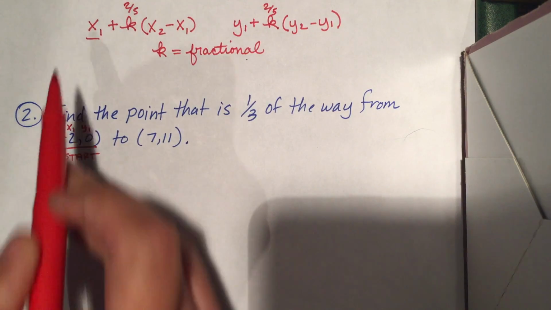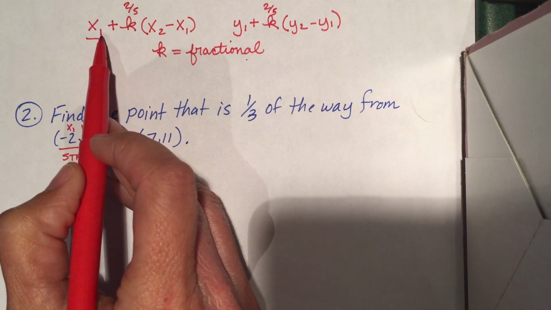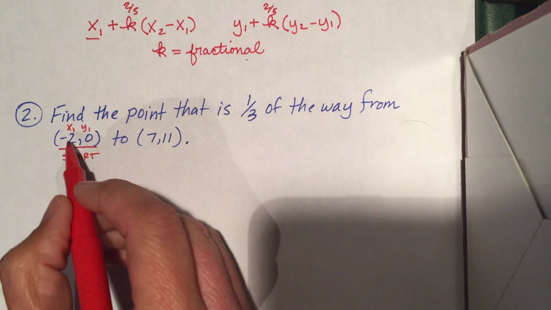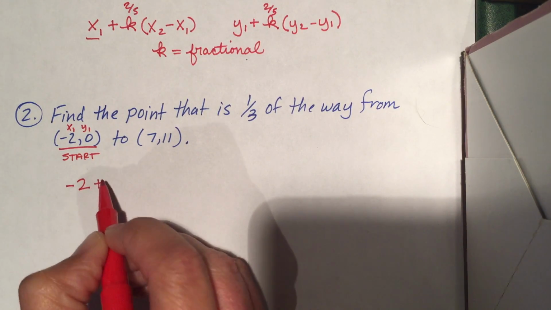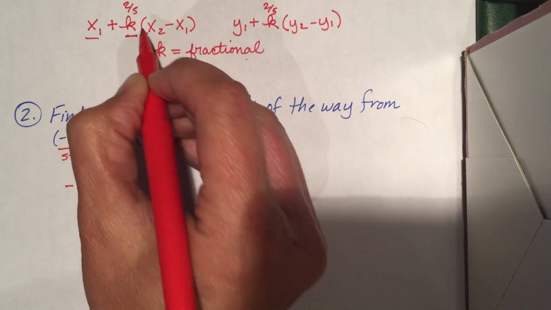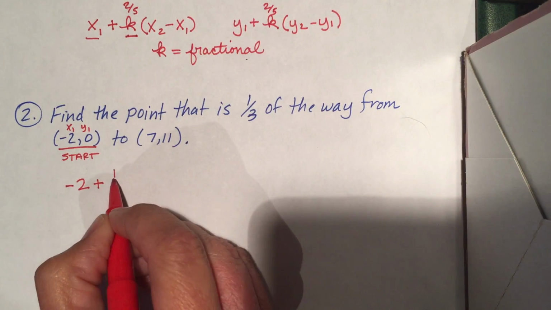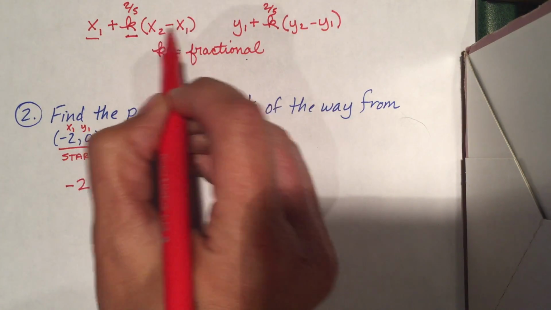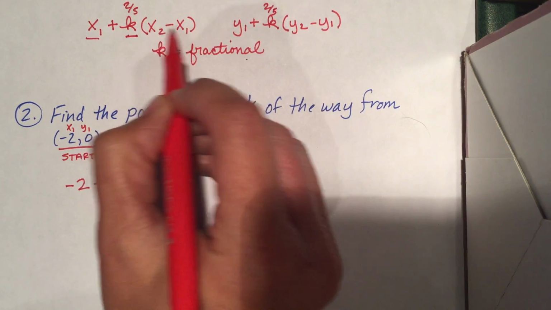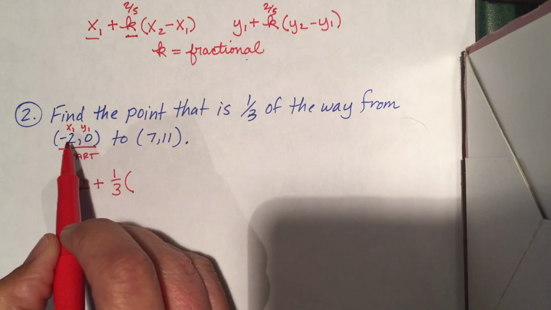So let's look at the formula. The formula says to find the x-coordinate, I'm going to take the starting point for x plus my fractional distance, which is 1/3, times the distance between my two x's.